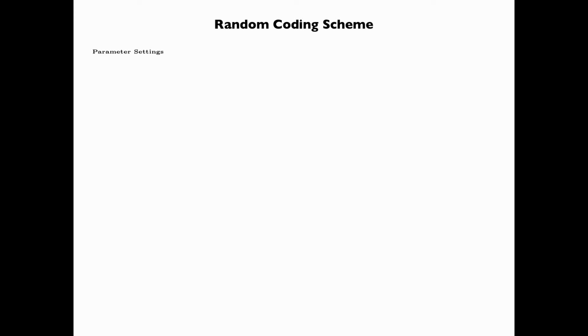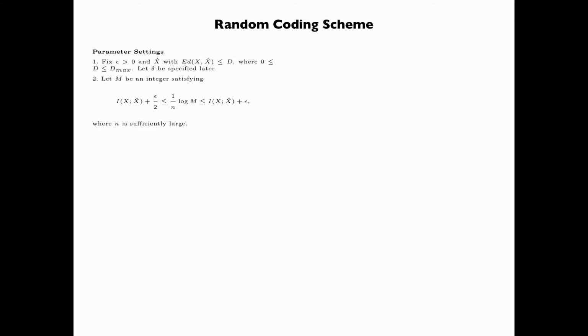We first describe the parameter settings for the random coding scheme. First, fix ε > 0 and X̂ such that the expectation of the distortion between X and X̂ is less than or equal to D, where D is between 0 and D_max. Let δ be specified later.